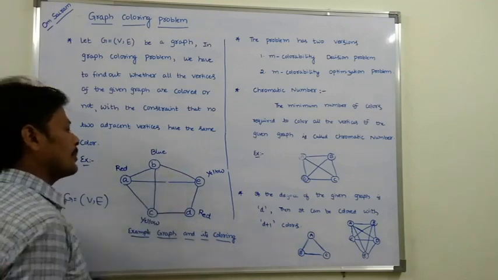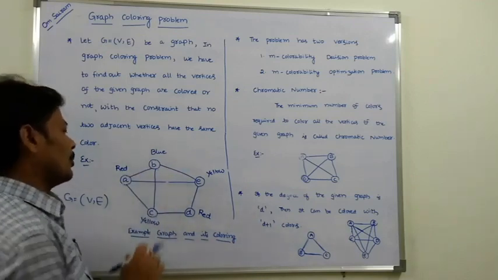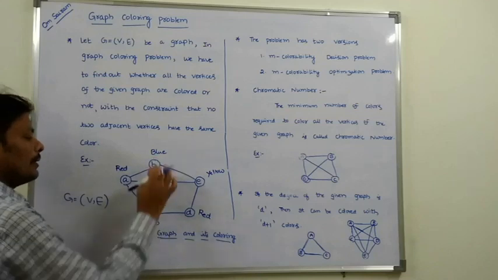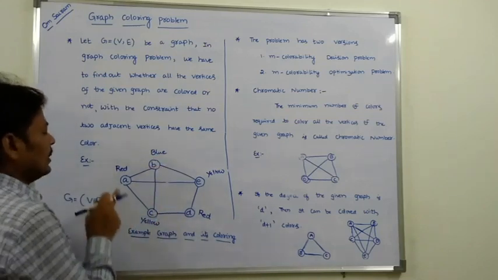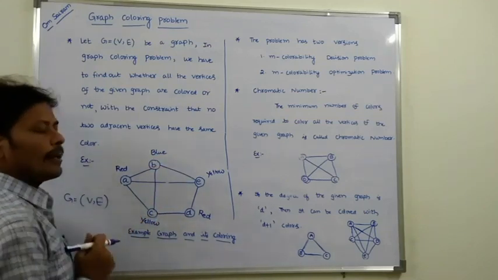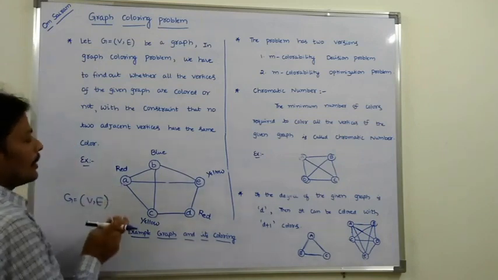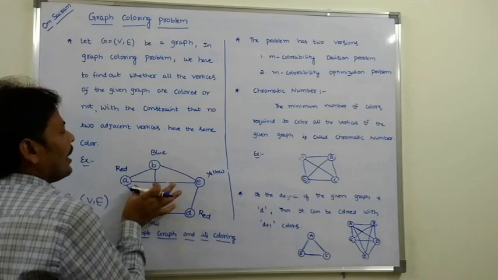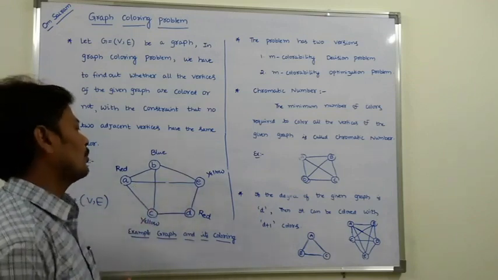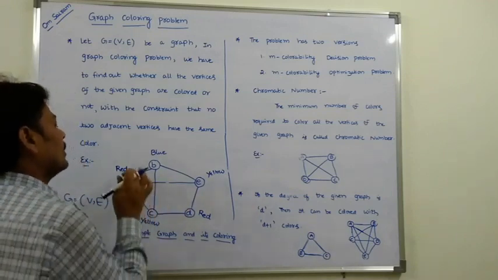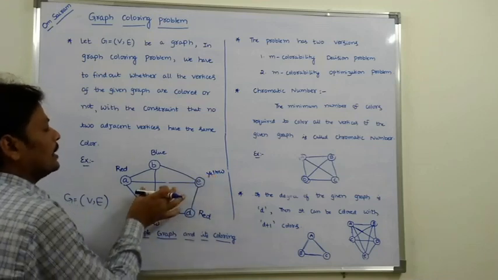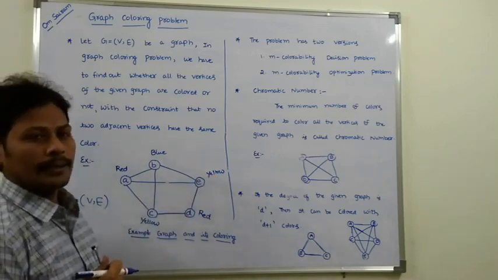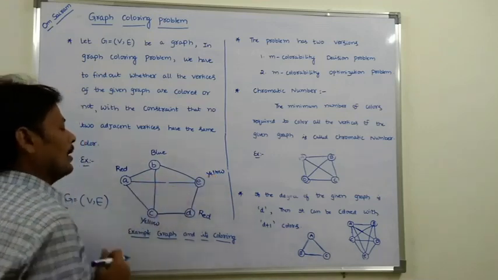Vertex C and vertex B are adjacent, so we are not using the same color for vertex B and vertex C. Vertex A and vertex C do not use the same color because they are adjacent. Next, vertex A and vertex E: both vertices have different colors. These are adjacent vertices, so they do not use the same color.